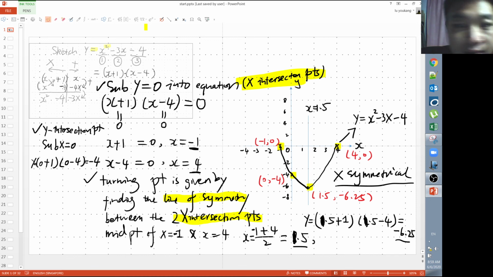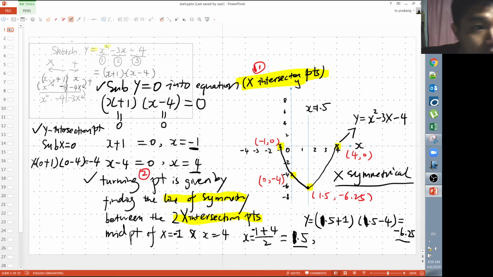Okay, this is your first step. Find out your x intersection point, and your second step is to find out your turning point.